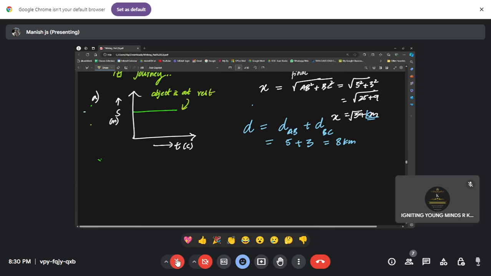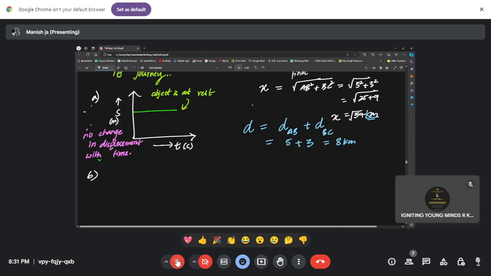Okay, so this particular graph represents the object is at rest because there is no change in displacement with time, and hence the object is at rest or the object is stationary.